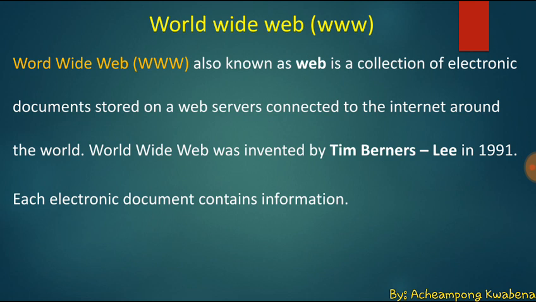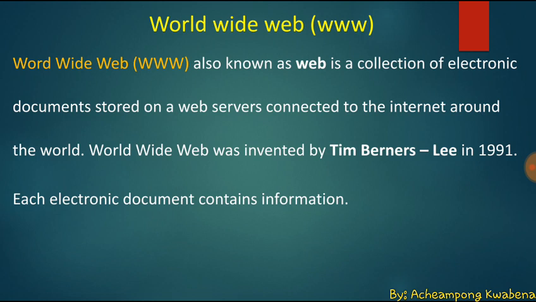When you talk of web servers, we are referring to computers that have stored all the documents on the internet for other computers to have access to those files. So a web server is just a computer on the net that stores the files on the internet.